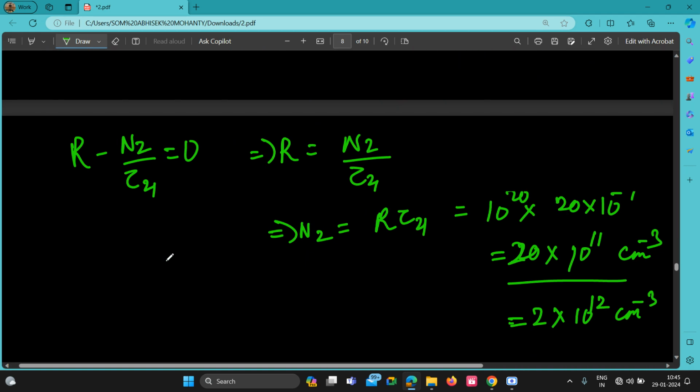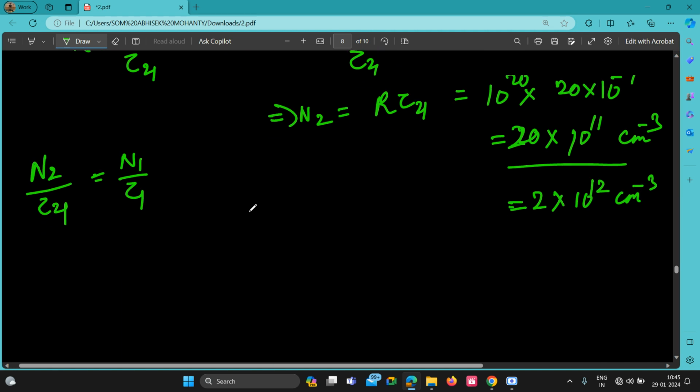Now n1. Now n2 by tau 21 is equal to n1 by tau 1. So n1 will be tau 1 by tau 21 into n2. We just got n2, right? So tau 1 is your 1 microsecond, that is 10 to the minus 6.